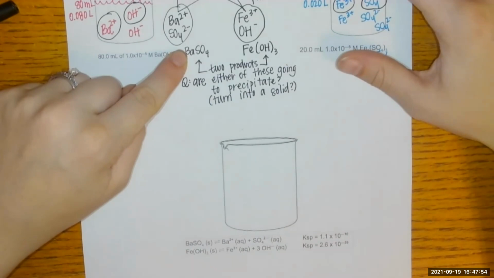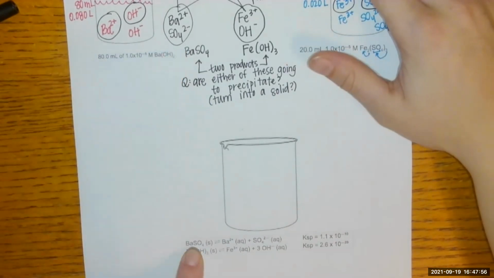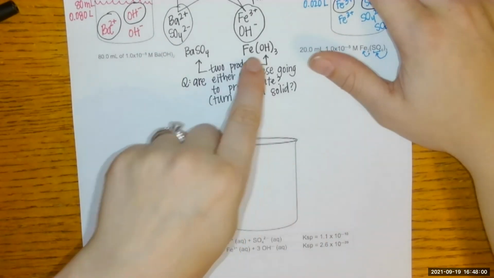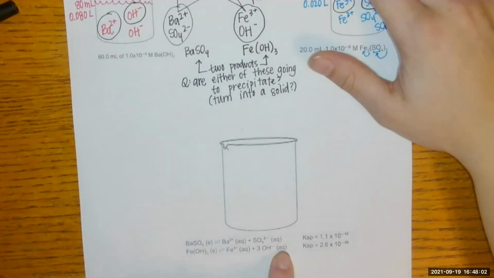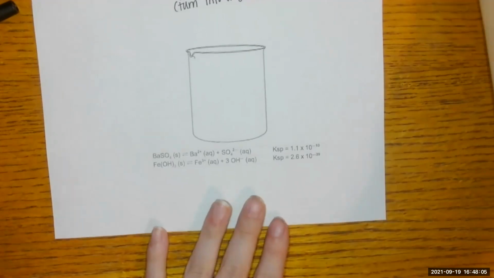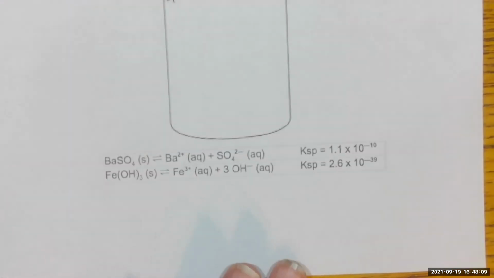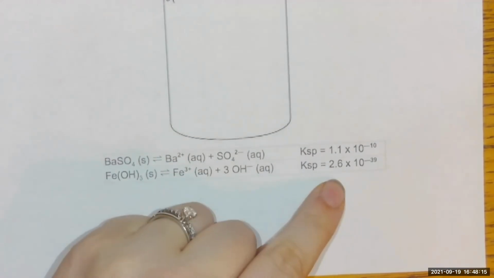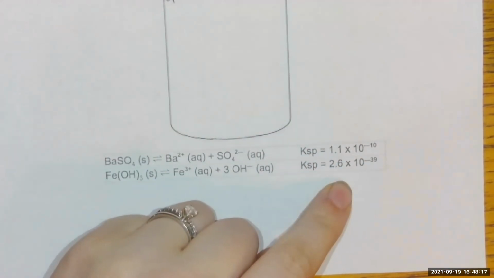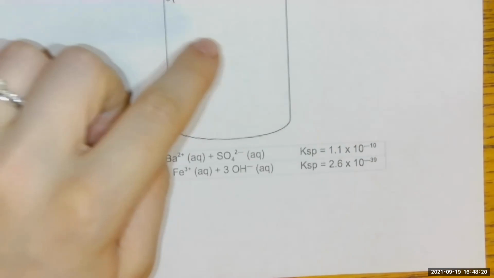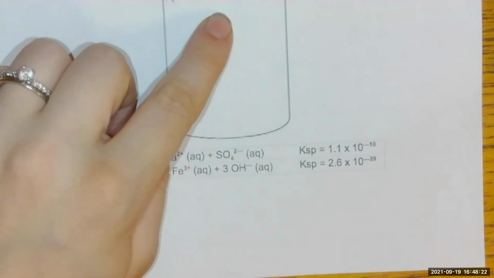Does the barium sulfate, do we cross its threshold? Iron hydroxide, do we cross its threshold? Because down here, that's what the KSP is telling us. We are trying to see if we cross this value for our beaker mixed together.